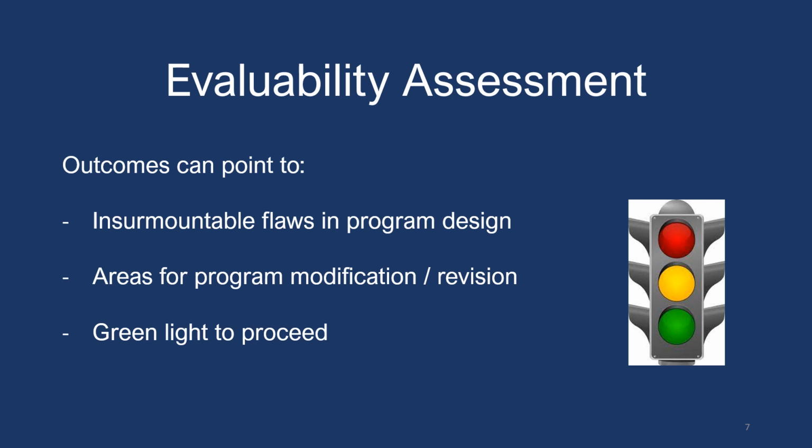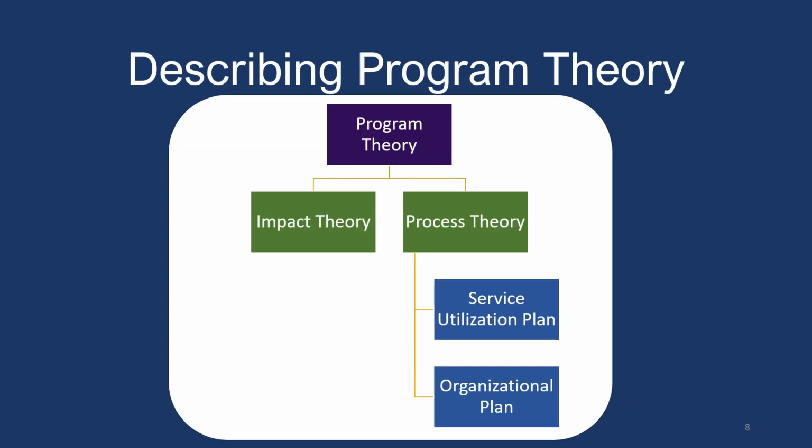While to this point we've focused on the program's design logic and theory, the evaluability assessment can and should often look at the program's underlying theory as well. So let's just take a moment and think about theory.